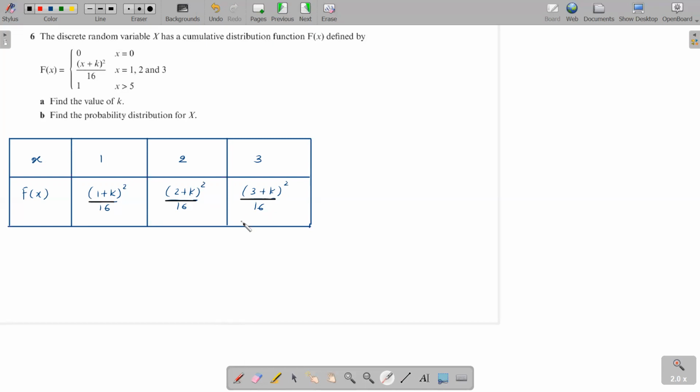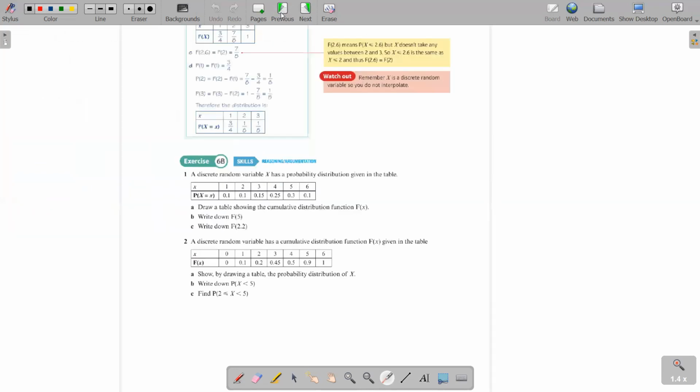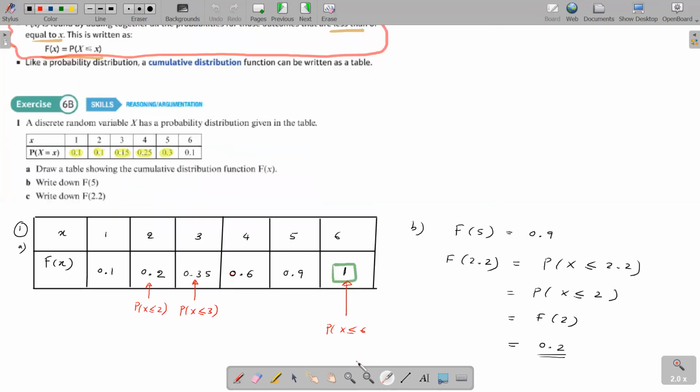Why? Because that is the usual way you do it with a probability distribution. Is this a normal probability distribution, or is this a cumulative probability distribution? I did tell you in the previous part, it's a cumulative table. In the capital Fx table, is it practical to add everything, and are you going to add all these cumulative probability values? No, you only add the probabilities in the probability table, not the cumulative probabilities.